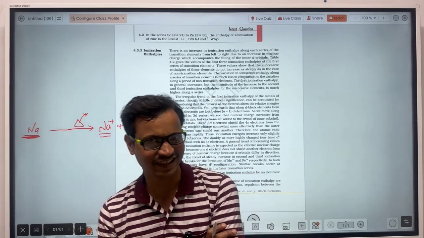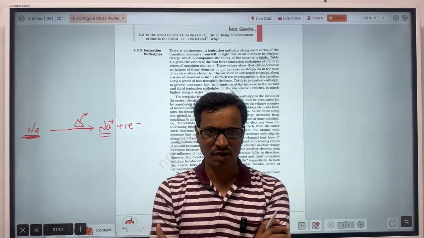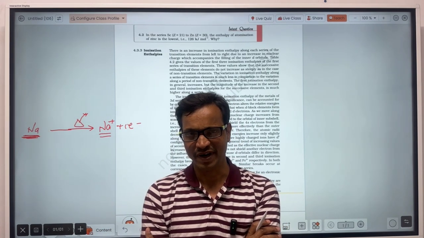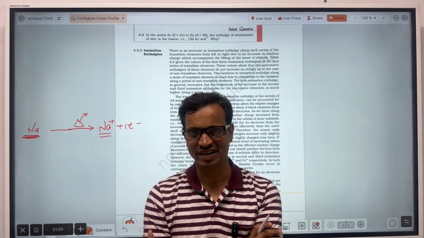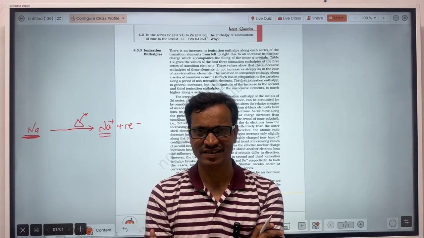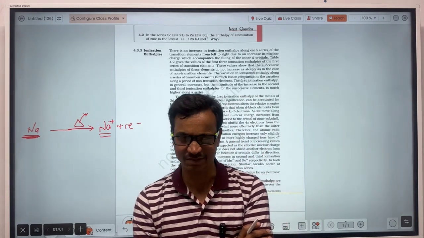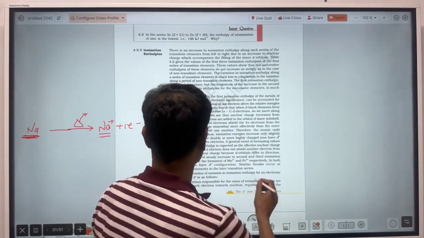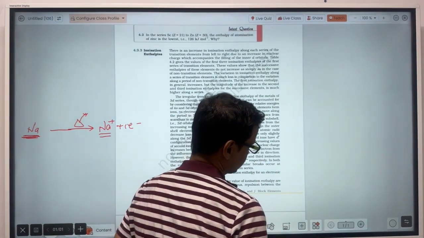So firstly, ionization enthalpy is the amount of energy required to release the most loosely bonded electron from an isolated gaseous atom. No need to mug up, just try to understand this.